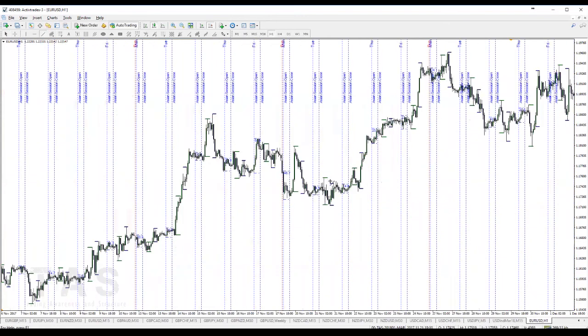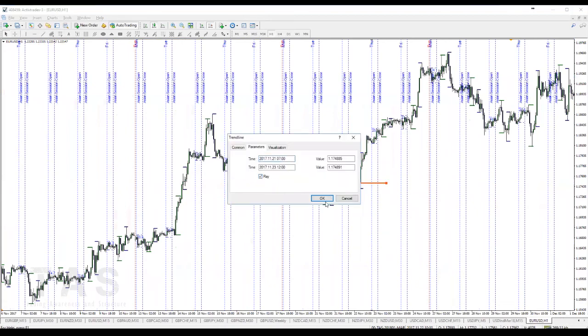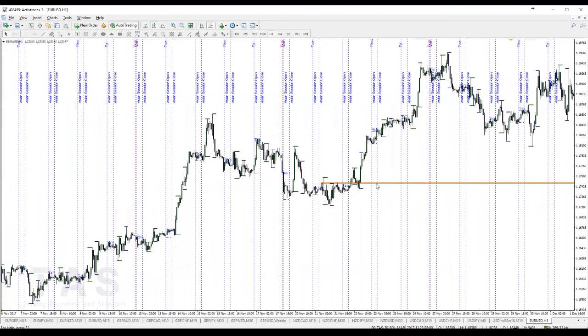It depends on the level you look at, but let's say it's this one. Or even if you do that one. Let's extend this. So you want to hold at least, or be sure to get out somewhere here.